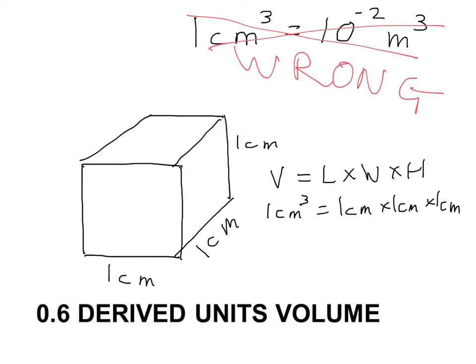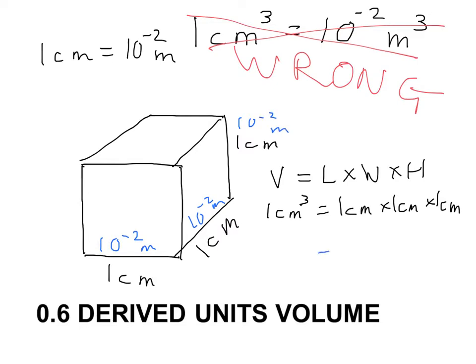Well, we know when it comes to linear units that 1 centimeter is 10 to the negative second meters. So my same cubic centimeter would be 10 to the negative second meters by 10 to the negative second meters by 10 to the negative second meters.